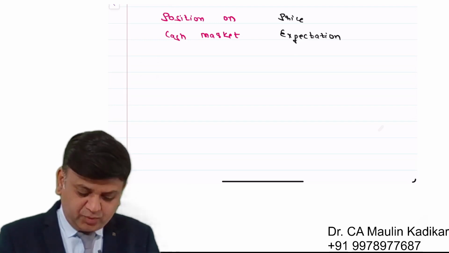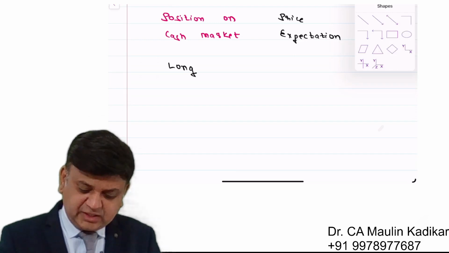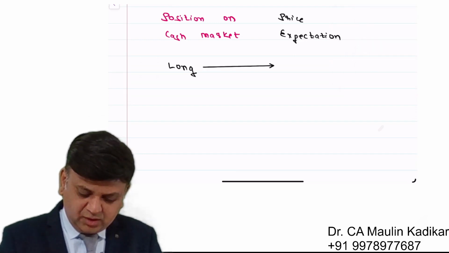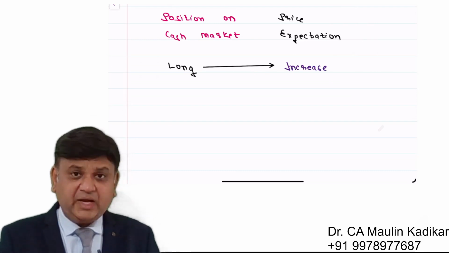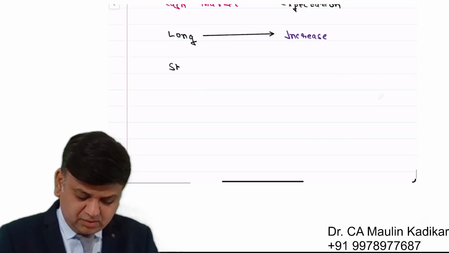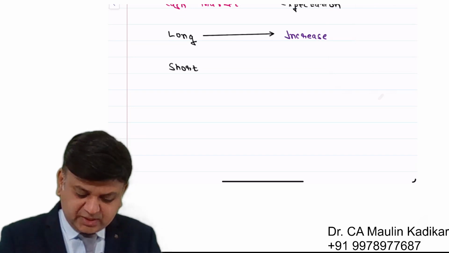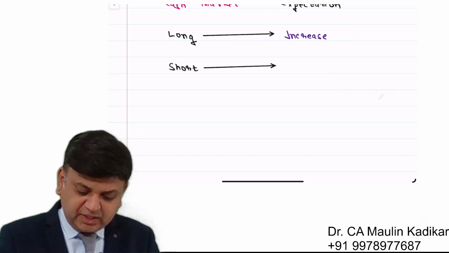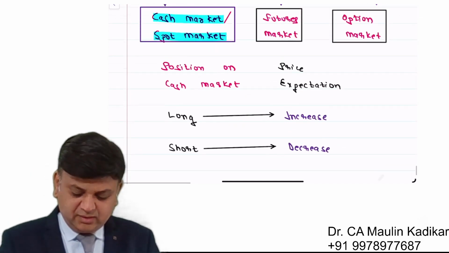When you take a long position in the cash market, you're expecting that the price of the security will go up, that the price of the security will increase. And when you take a short position, it means you're expecting the price of the security to decrease. That is what we understand.